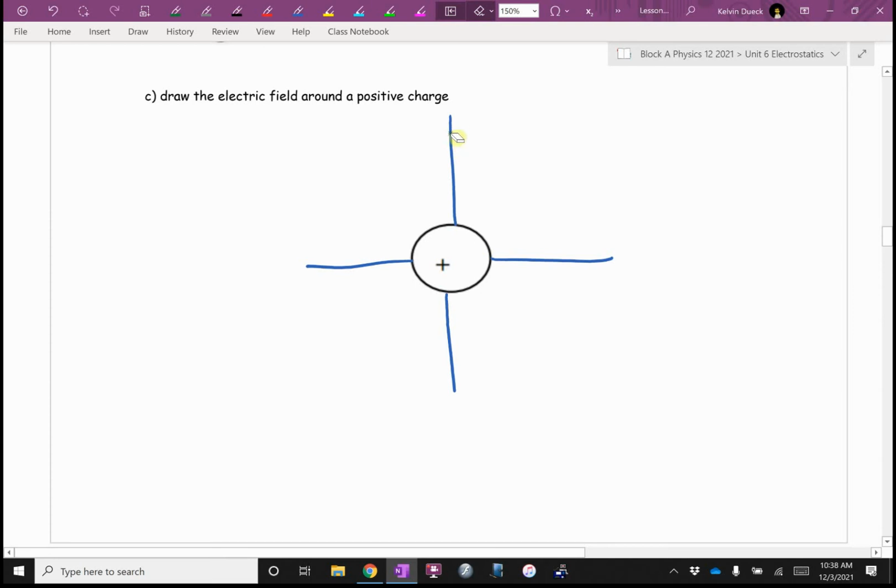So sitting right here, which way would a positive want to move if it could? I'll put a little arrow right there. How about on the bottom? How about here? That would be a picture of the electric field lines coming from a positive charge.